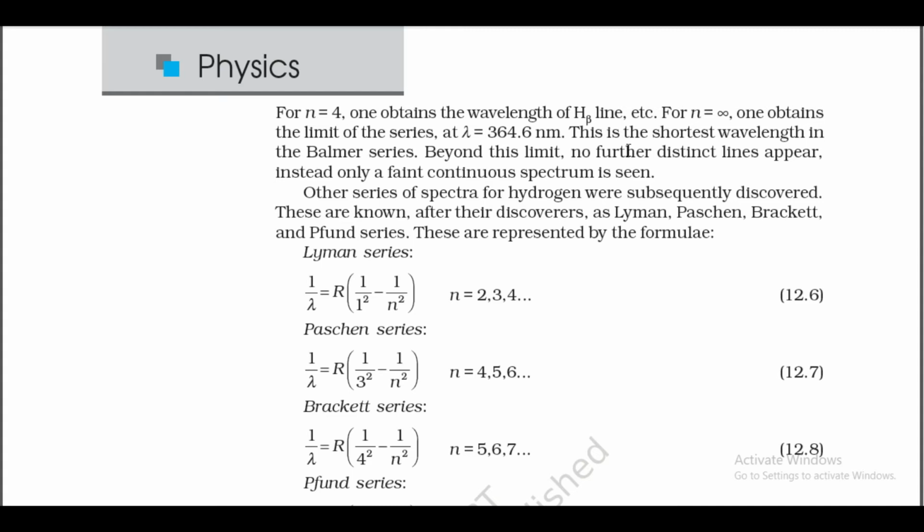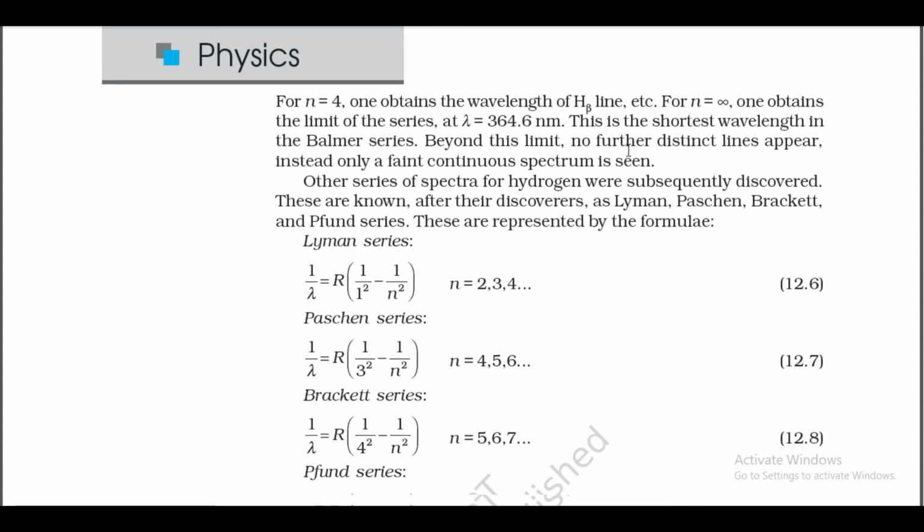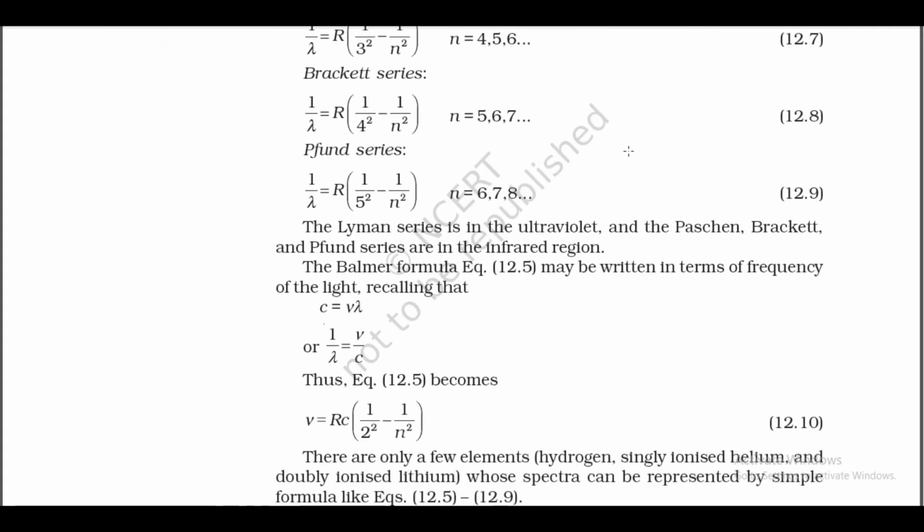Brackett series: 1 by lambda is equal to R into 1 by 4 square minus 1 by n square, n is equal to 5, 6, 7. Pfund series: 1 by lambda is equal to R into 1 by 5 square minus 1 by n square, n is equal to 6, 7, 8 and so on.